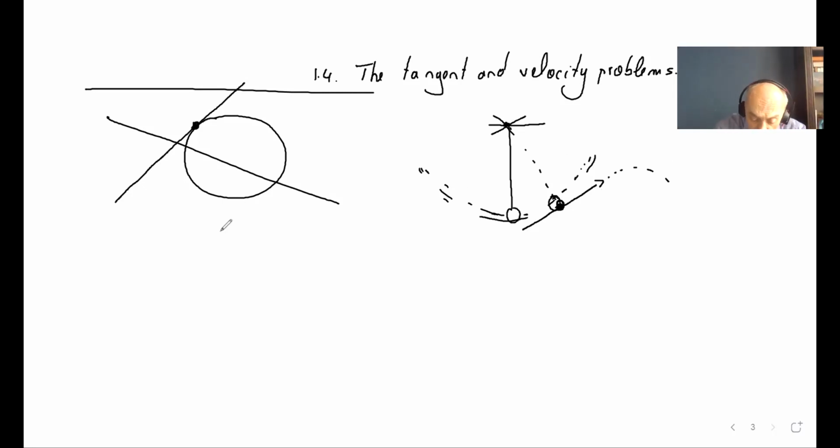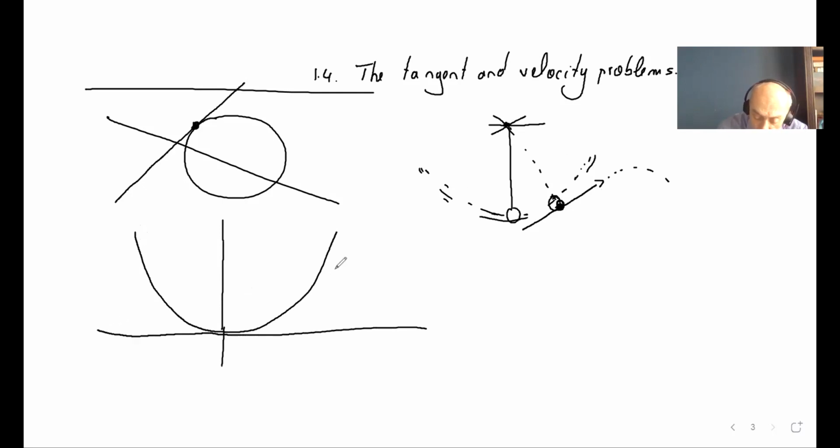And as I told you, the most important problem would be that for a parabola. Because if we understand the usual parabola y equals x squared, then every other parabola we learned in the previous lesson, or in pre-calculus, or whenever you took college algebra and trigonometry, can essentially be obtained from this one by shifting it around, moving up, moving right, moving left, pushing it all over the plane, and you get every other parabola that opens up and down.